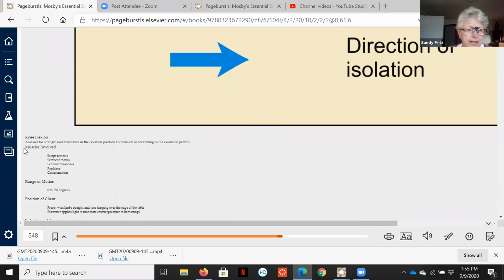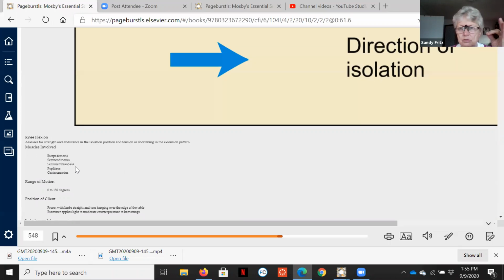So we understand about biceps femoris, semitendinosus, semimembranosus. Popliteus we didn't spend a lot of time with, but this is about you learning how to use this. Gastrocnemius we slowed down on. Popliteus crosses two joints, has a little bit of involvement with flexion.